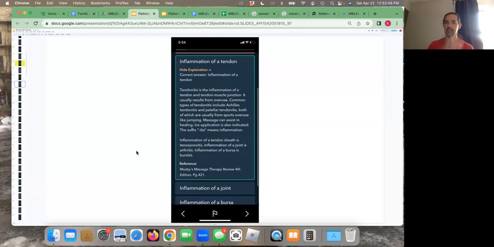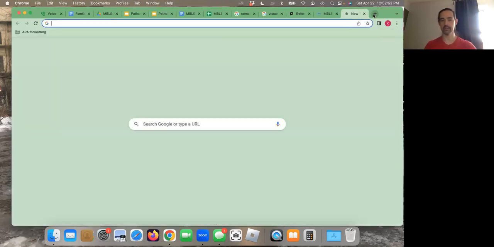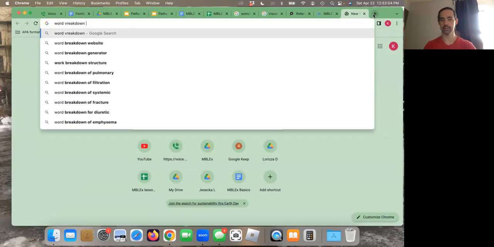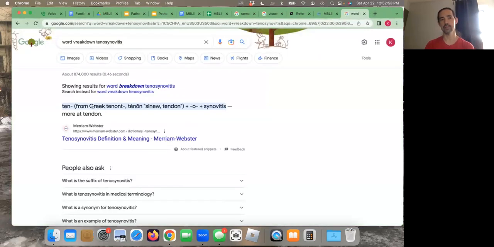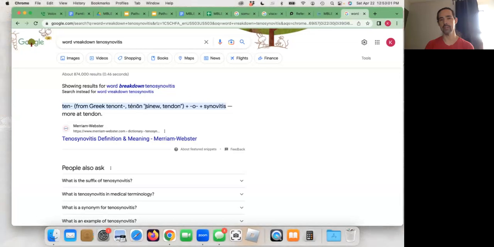Tenosynovitis. Let's do a quick word breakdown on that. Word breakdown for tenosynovitis. So teno or tenon means sinew or tendon. O is just a joining vowel.